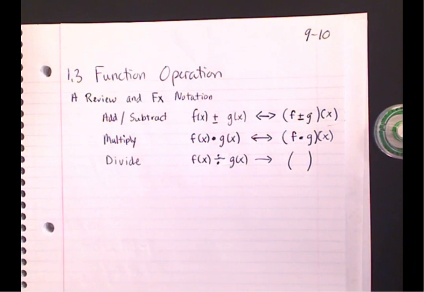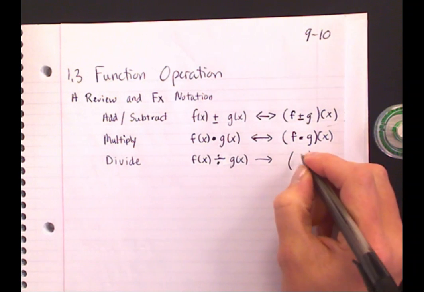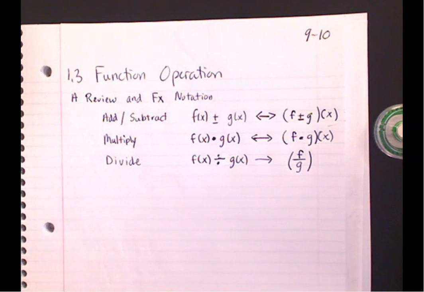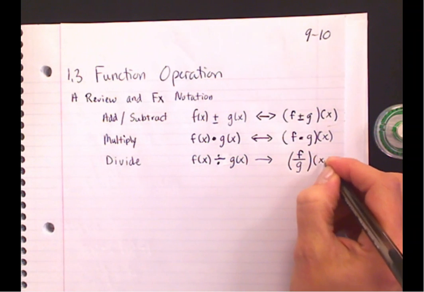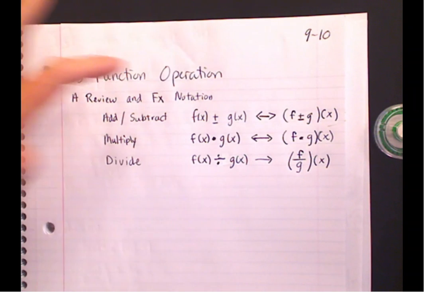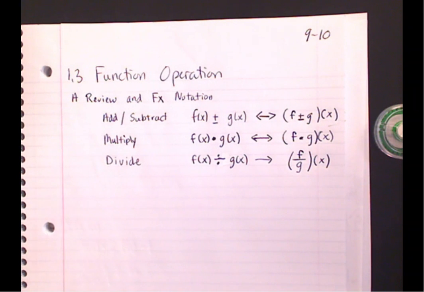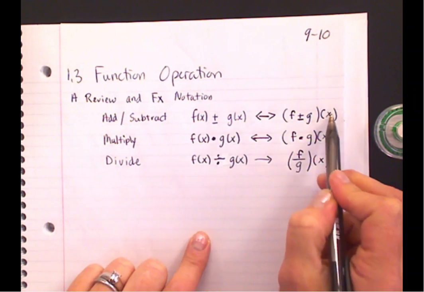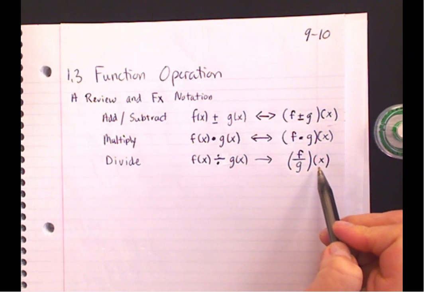I don't want to write that divide sign, so I'm going to write the fraction bar instead. These are review operations: add, subtract, multiply, divide. Notice that there are two x's, and I combine and only write one x.